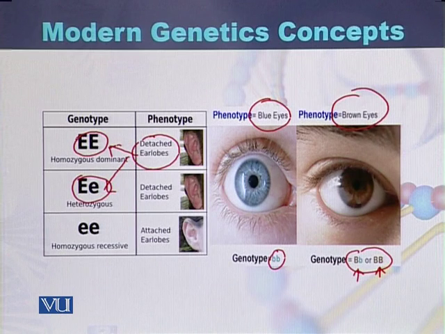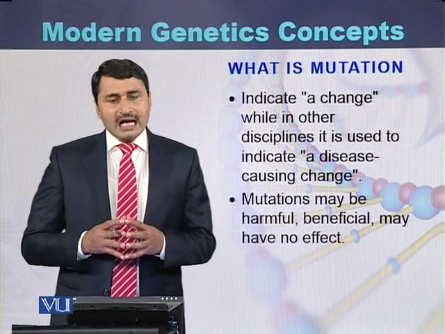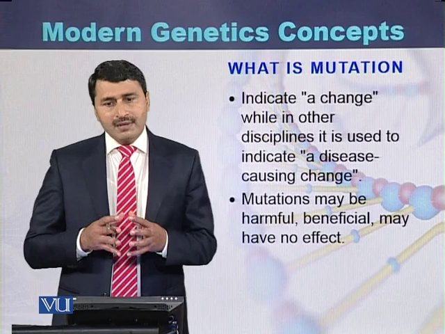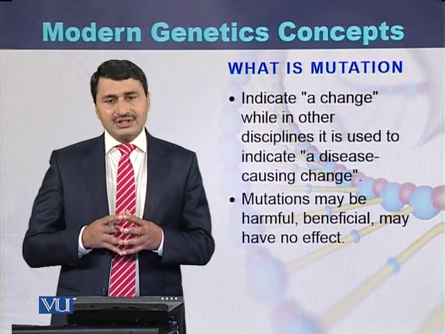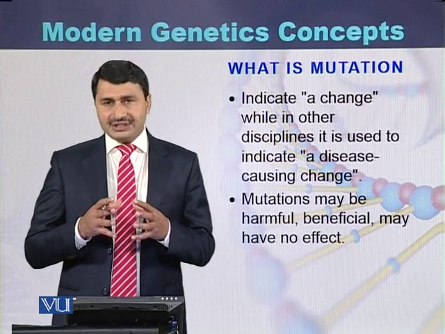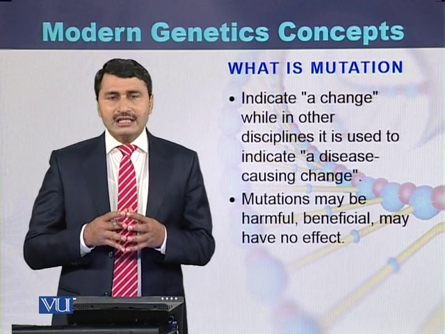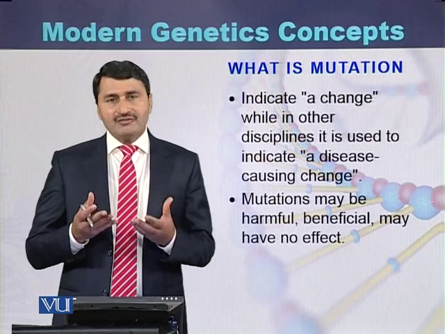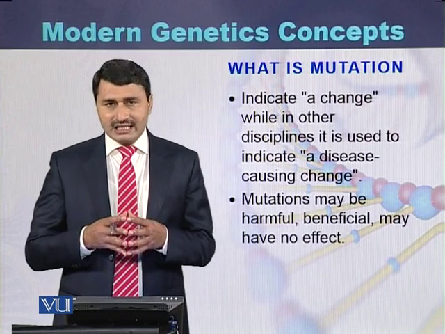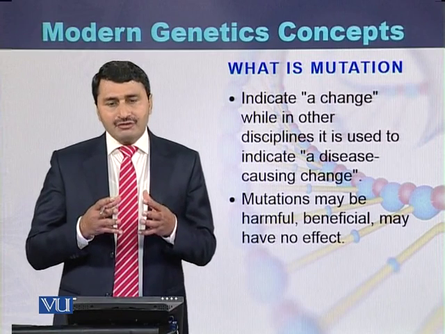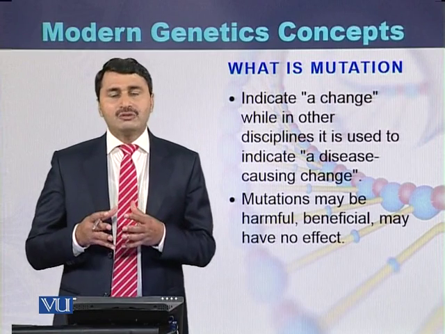What is a mutation? A mutation is a change in the DNA sequence. According to some geneticists, it can be a disease-causing change, while according to others, it can be a genetic variant, and it is not necessarily a pathogenic mutation.